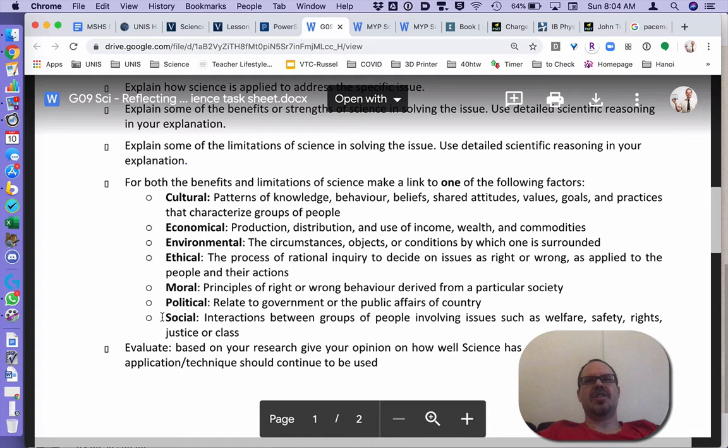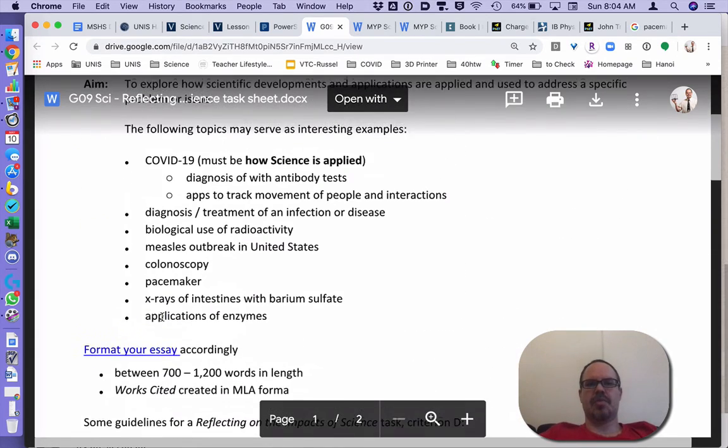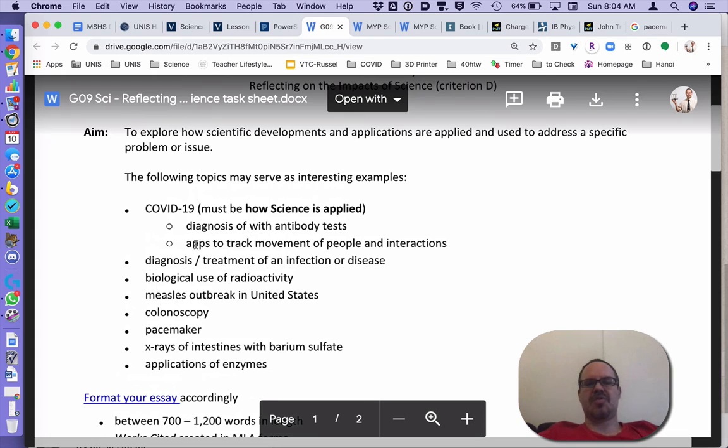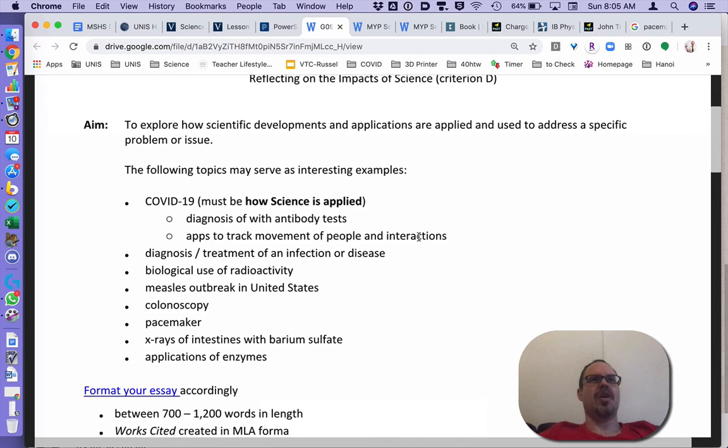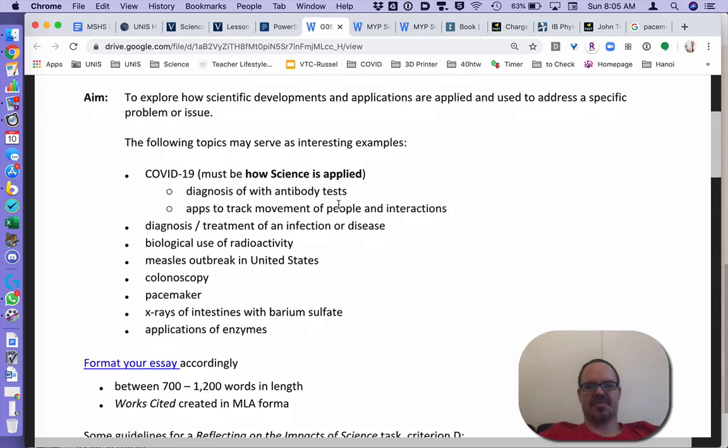But again, you're not just talking about social problems. It's always about how science interacts with that. So one example could be how, in science, we have apps to track movement of people and interactions. Okay? So it's not the same as saying, oh, we need to be socially distanced. That's true, but how is science applied? Okay?